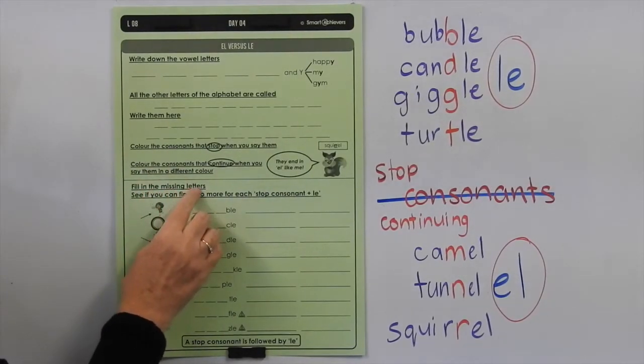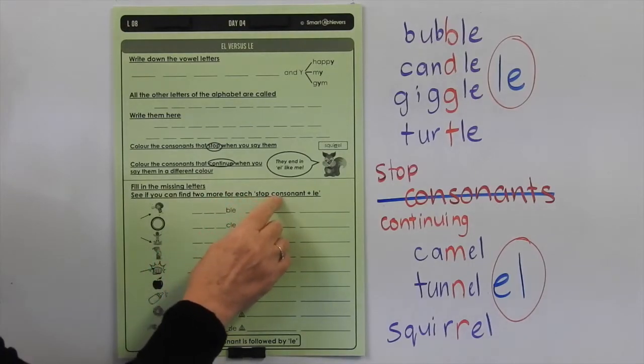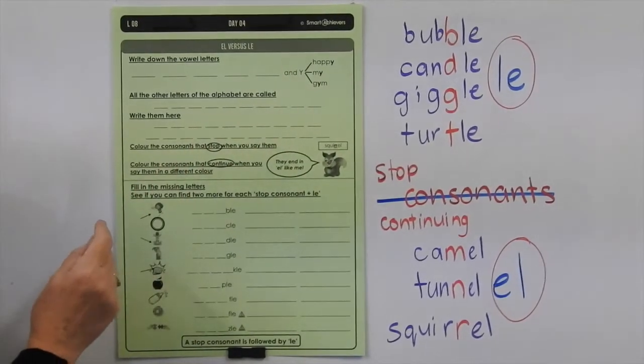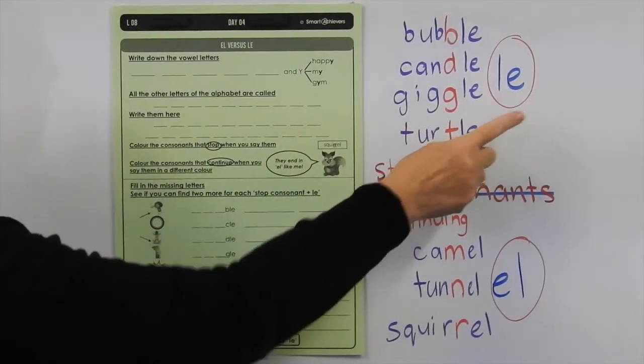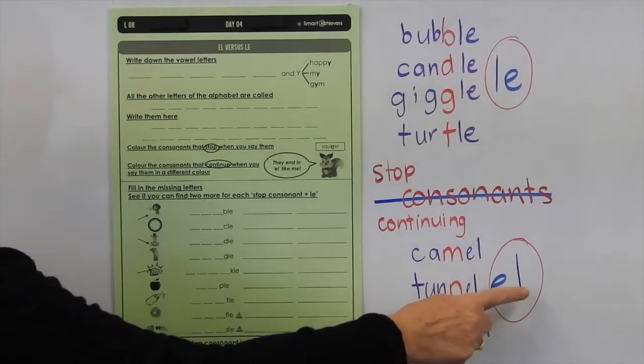Fill in the missing letters. See if you can find 2 more words for each stop consonant plus LE. So we know if we have a stop consonant before an L sound, we put LE, and if we have a continuing consonant before an L sound, we put EL.